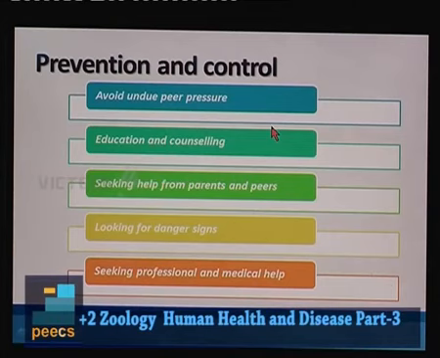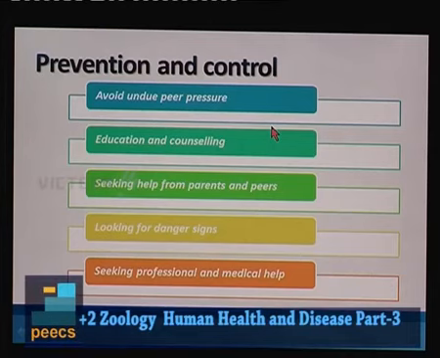Then second, education and counseling. A proper awareness regarding problems of drug or alcohol abuse we should give, we should educate or we should counsel them. Then seeking help from parents and peers, close relatives, close friends, they have a very important role in finding out persons affected by drug or alcohol abuse, looking for danger signs.